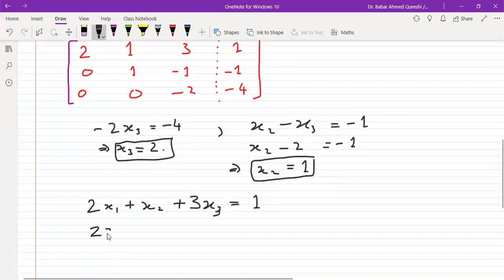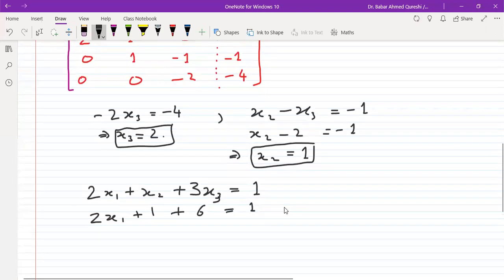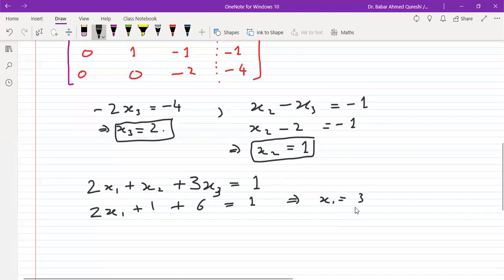So I get 2x1 plus 1 plus 6 is equal to 1. So this easily gives me x1 is equal to -3. So this is now my solution.